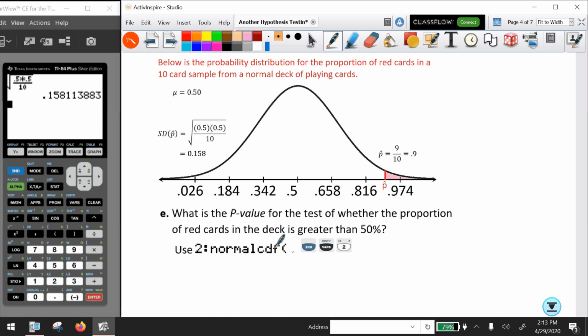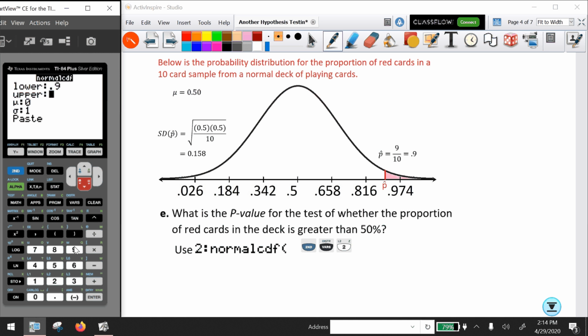And I'm going to use the normal CDF feature of my calculator to do that. So I'm going to go second, distribution, second option there, normal CDF. I'm going to set my left bound at p hat, which was 90%. I'm going to set my upper bound at infinity because I want to find the area underneath the tail from 90% to the right infinitely.